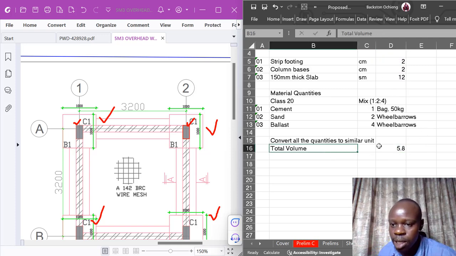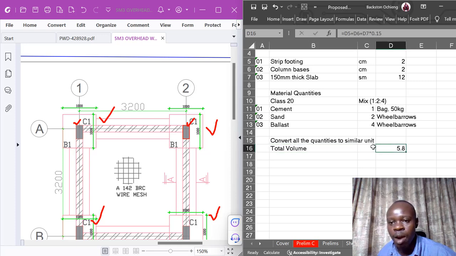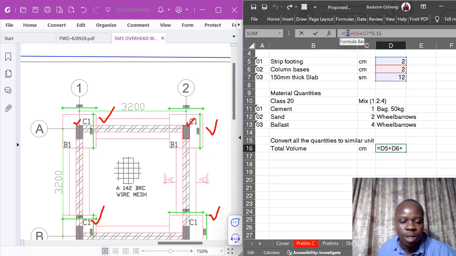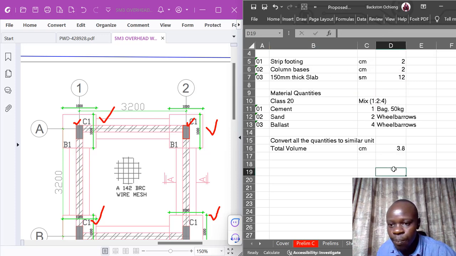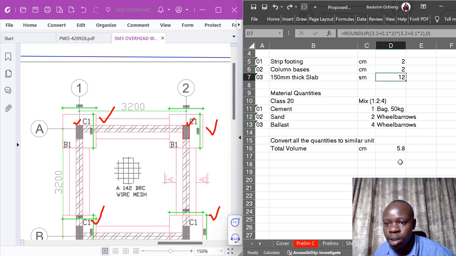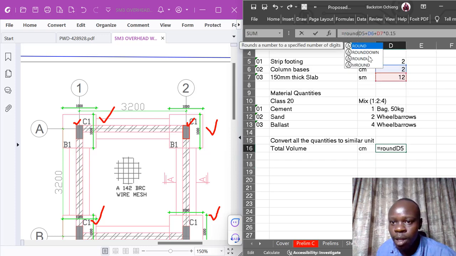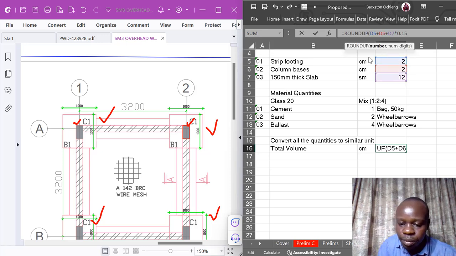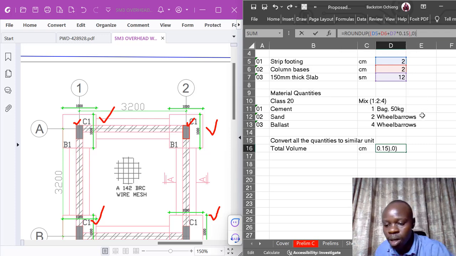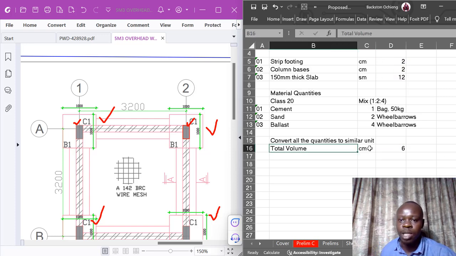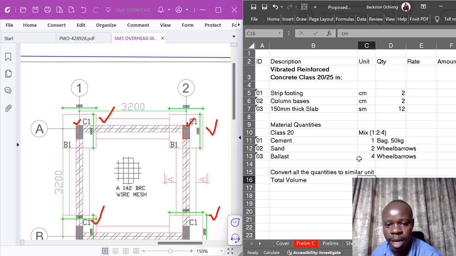Now I have cubic meters, and it's 5.8. I will round this up so that I deal with only whole numbers. So I have 6 cubic meters as the total volume of the elements that I'm dealing with.